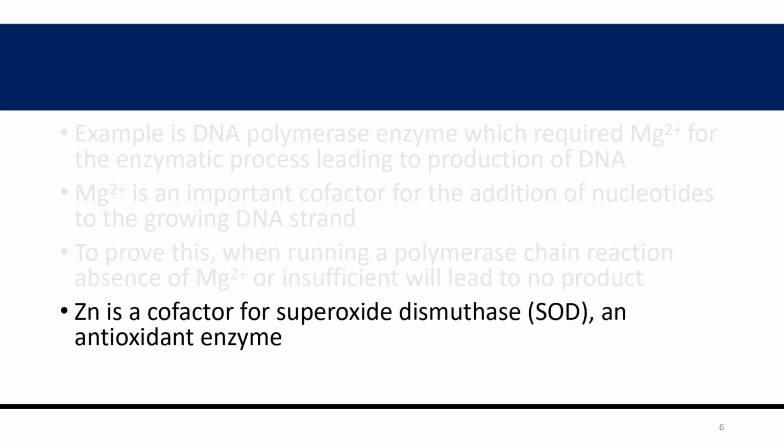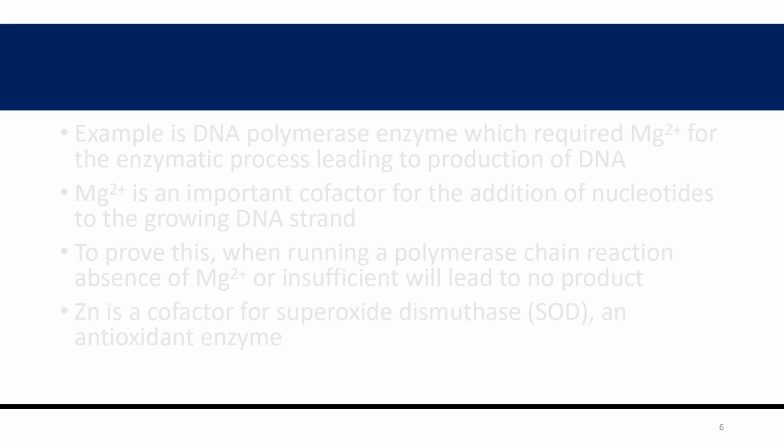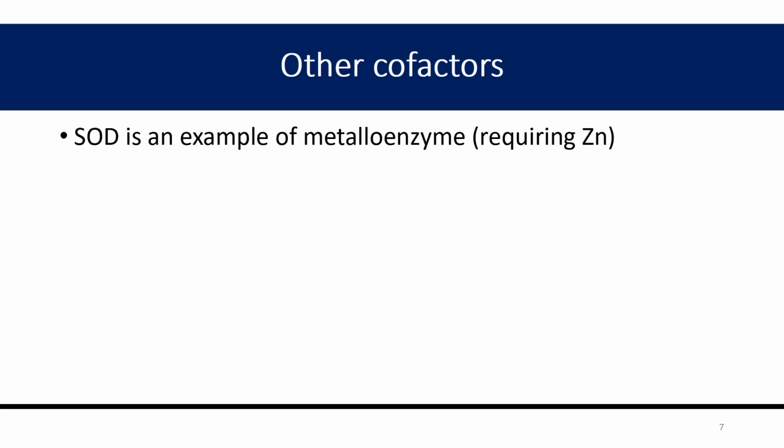Zinc is a cofactor for superoxide dismutase. This is an enzyme which also has an antioxidant effect. So, without the presence of zinc, the effect of SOD will be, to an extent, diminished. SOD is an example of a metalloenzyme. In other words, it requires zinc to function.